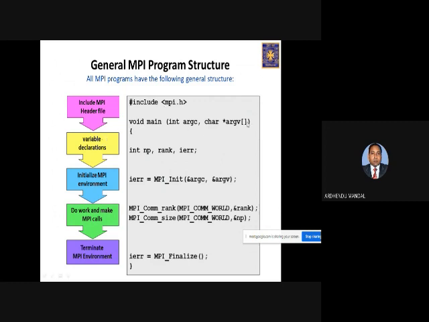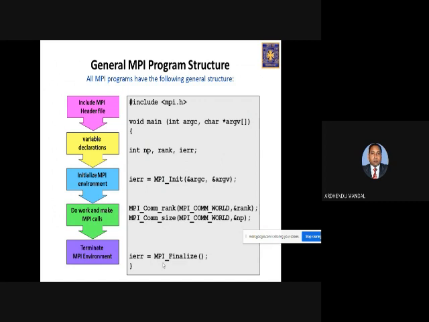Otherwise it is like the main function in C, and you have to initialize the MPI environment before starting the parallel part of the job, and terminate that MPI environment after finishing the parallel part. The sequential part may be above the initialization of the MPI environment or after the finalization.